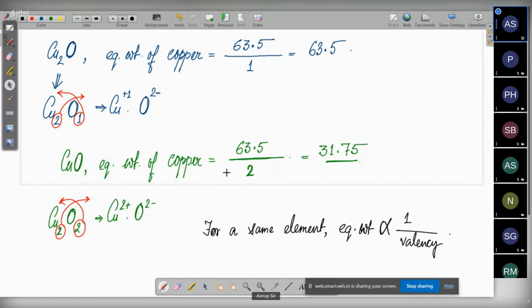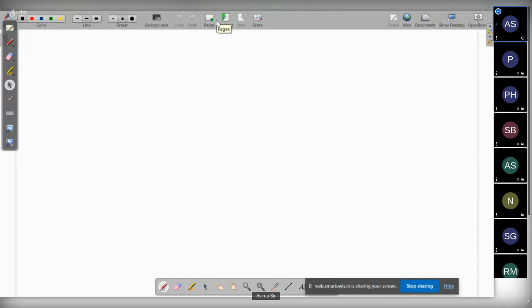Because see, as the valency of copper has increased, the value of equivalent weight has also decreased. So the equivalent weight is inversely proportional to valency. Okay, then. So this was the equivalent weight of an element.